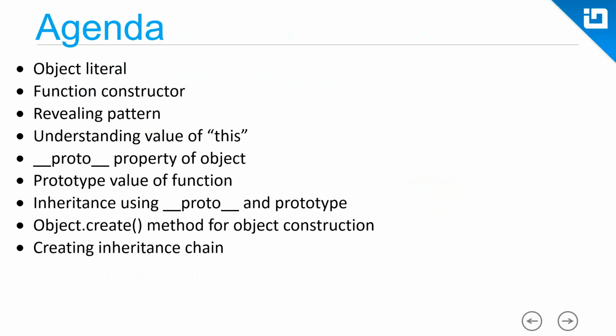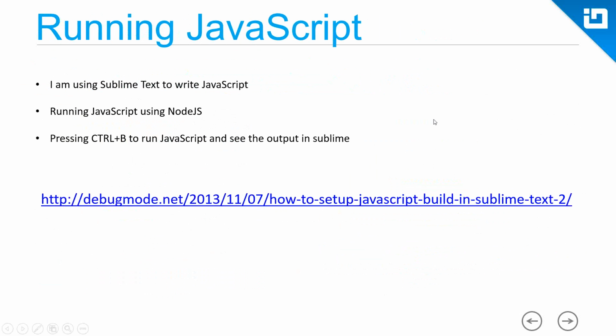Okay. So to start with, how I'm running my JavaScript today. As all of you know, JavaScript is a client-side language, and it runs in the browser. I'm not going to run JavaScript today in the browser. What I'm doing, I'm using Sublime Text to write JavaScript. Then I have installed Node.js on my machine, which I'm using for the webinar.